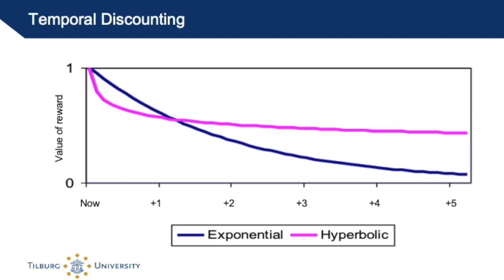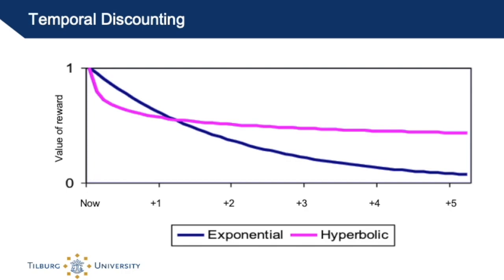And the expectation of traditional models of economics was that we would see an exponential decay. That's plotted here in, let's say, the purple color. But it seems like a hyperbolic discounting function, which is the pink one, is actually a better fit, such that we see a pretty steep drop of the perceived reward value very quickly, and then a rather slow decay over time.